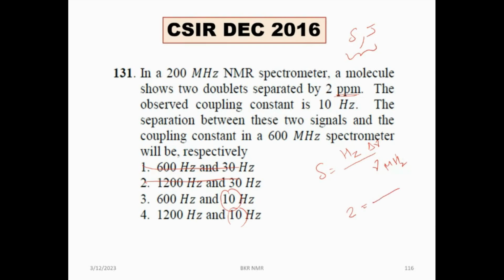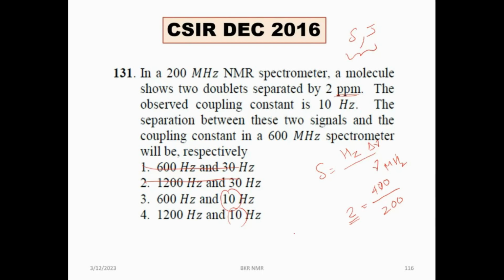So for example, if I have a 200 megahertz instrument, in order to have 2, what should be in the numerator? 400. So the lines should be separated by 400 hertz so that I have 2.